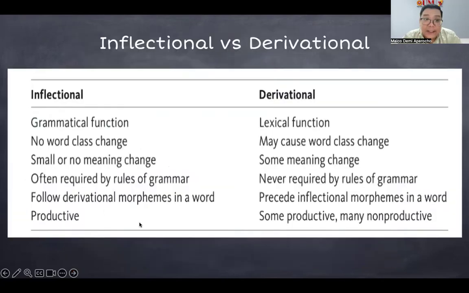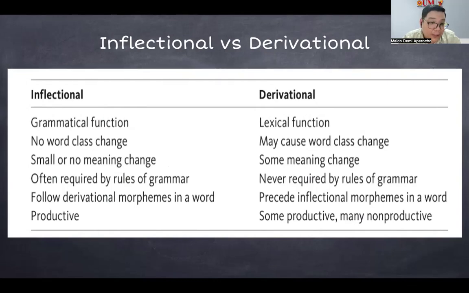So there's a big difference between inflectional and derivational morphemes. Inflectional morphemes usually take grammatical functions, derivational morphemes take lexical functions. There's no word class change for inflectional morphemes, but for derivational morphemes, it may cause word class change, that is, from one part of speech to another.